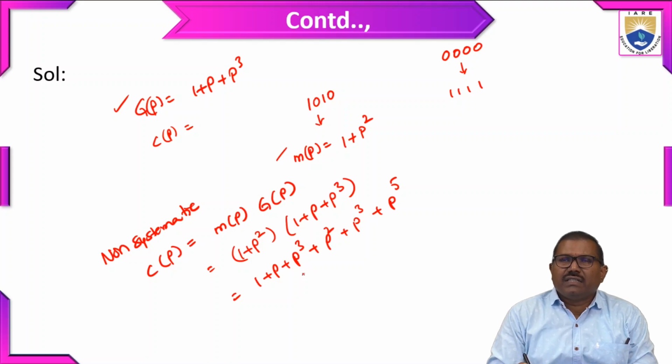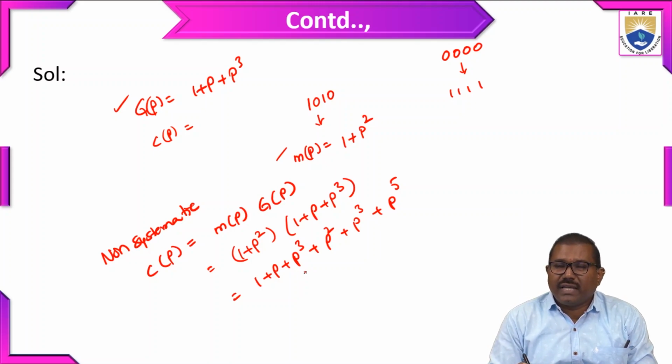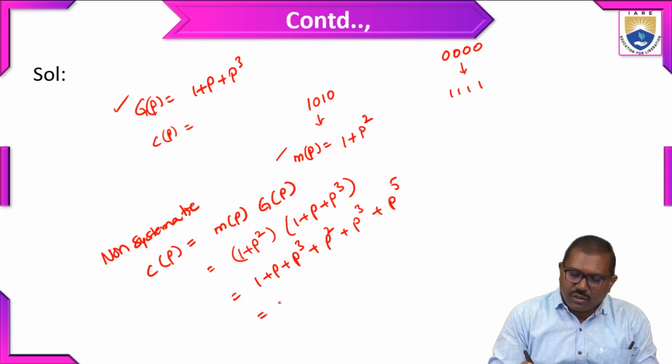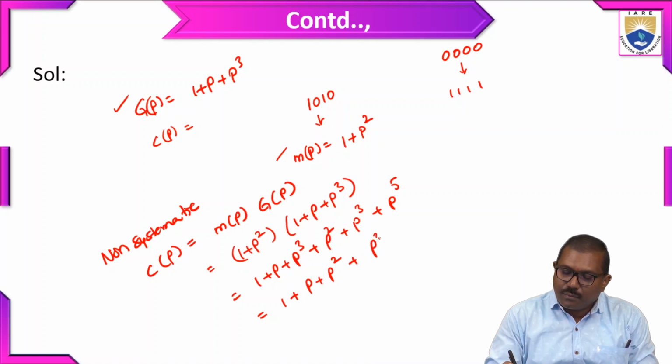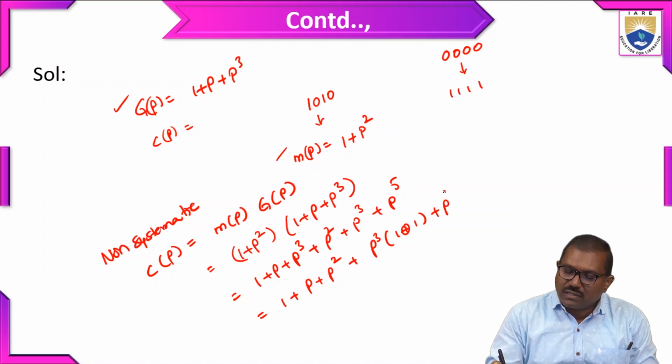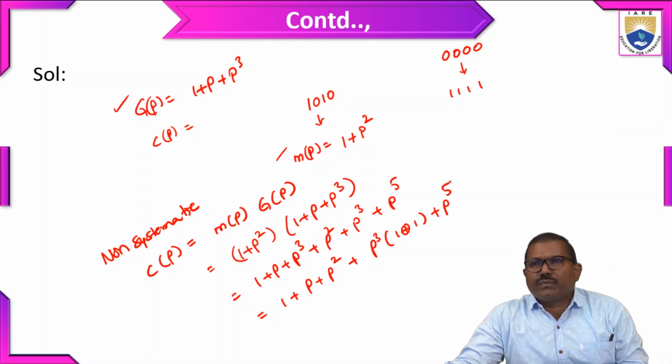Here you can see two p cube terms are there, and it is not addition. Already you know what we use: the XOR operation. So again we write 1 plus p square plus p cube, 1 XOR 1, plus p to the power of 5.